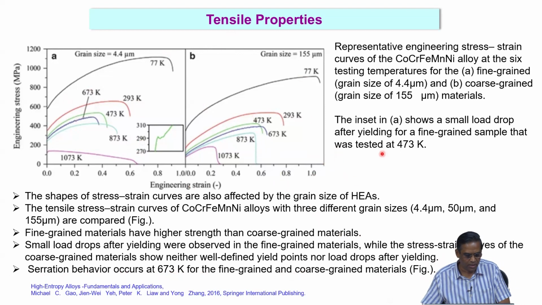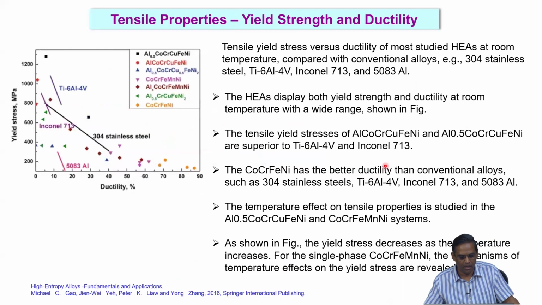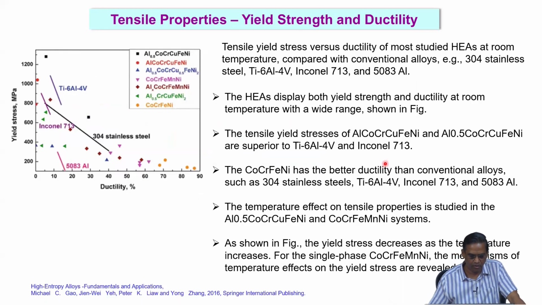So, what are we learning from this slide? The strengthening mechanisms you see in conventional alloys are also applicable in high entropy alloy systems, and that is clearly exhibited in the study. And what about the yield strength and ductility combination? That is what you have to compare with the conventional alloy systems.